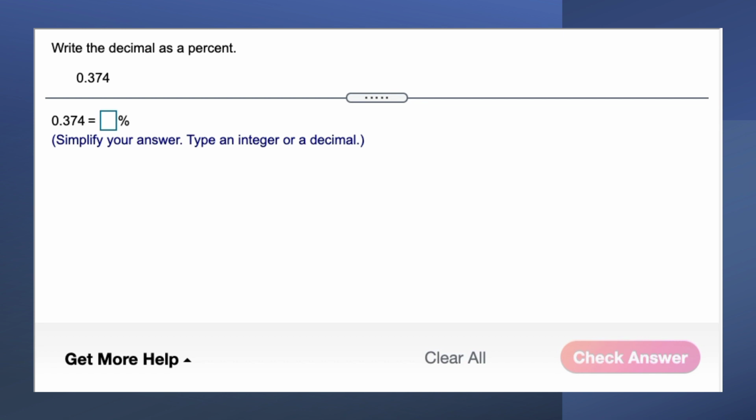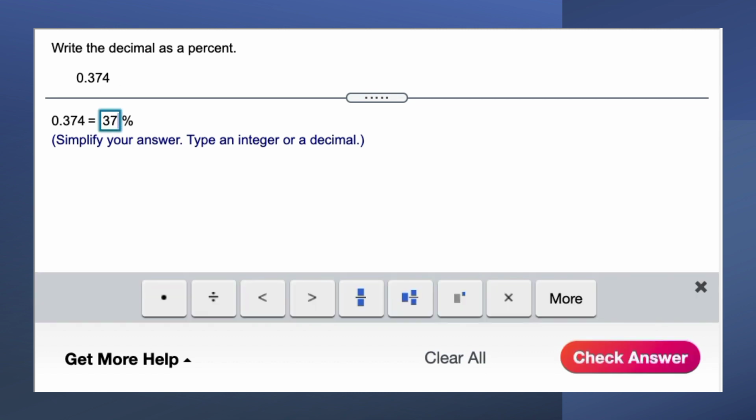The answer to this question is 37.4%. Notice that in MyMathLab, the percent symbol is already next to the answer box, so we only need to type in 37.4. Place your cursor in the text box and type in 37.4.